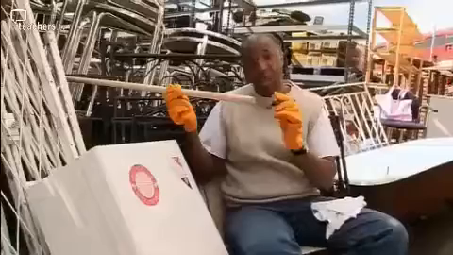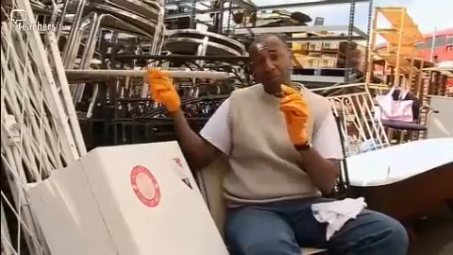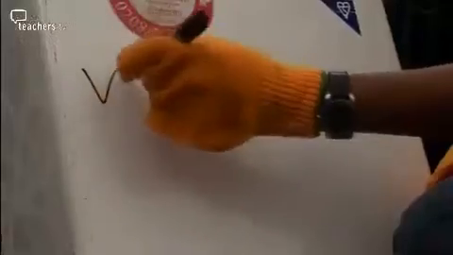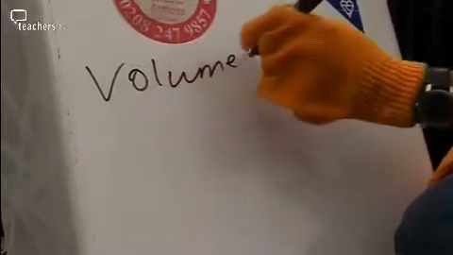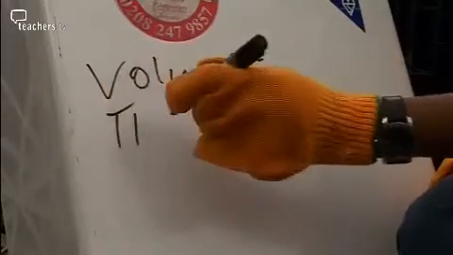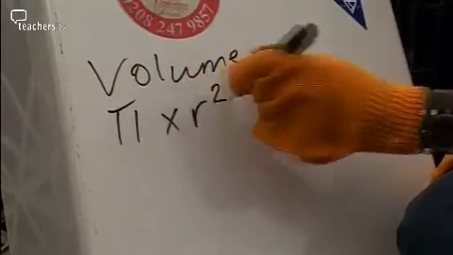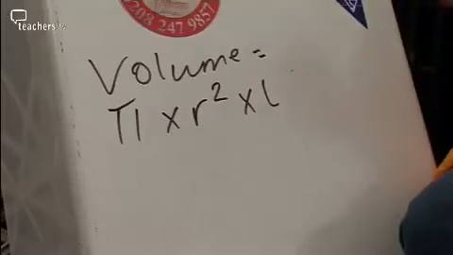But watch out, we can't mix units, that is, millimeters with centimeters and meters. So on this occasion, we're going to use centimeters. So let's work it out. The volume is equal to pi times the radius squared, and that's the area of the end, multiplied by its length.